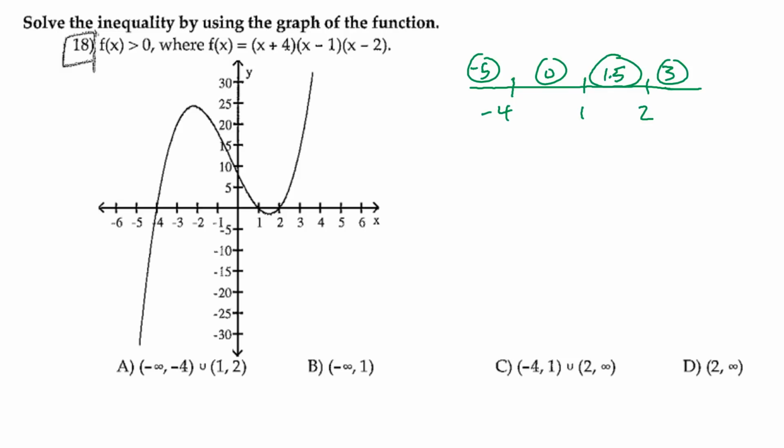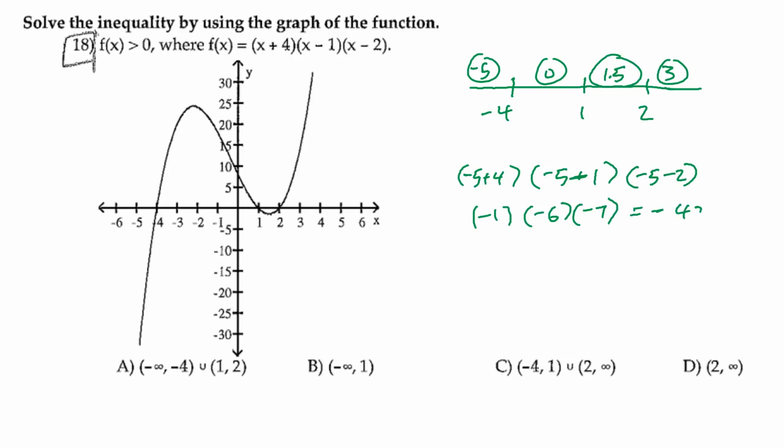So if we put -5 in, so -5 plus 4 times -5 minus 1 times -5 minus 2. So this is going to be -1 times -6 times -7, which is going to give us a -42, which means that on this interval where -5 is, we end up with negative values.